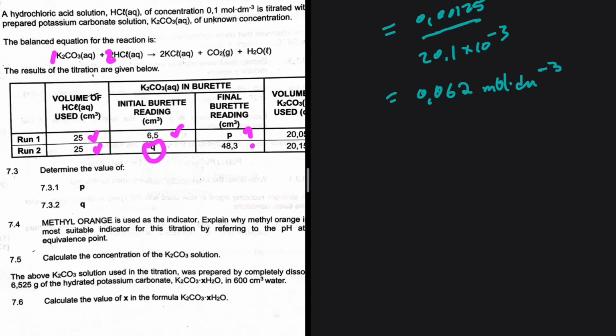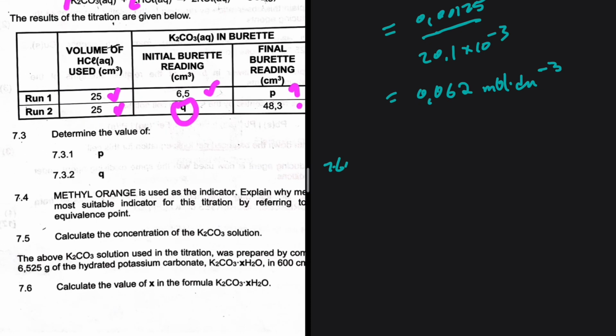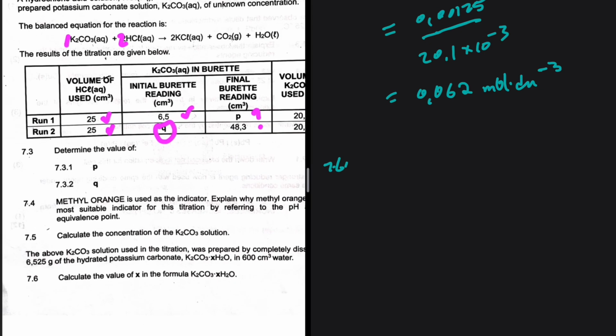So let's see. The above K2CO3 solution used in the titration was prepared by completely dissolving a mass of the hydrated potassium carbonate, 6.525 grams, in 600 centimeter cube of water.